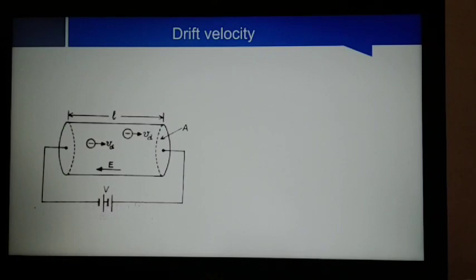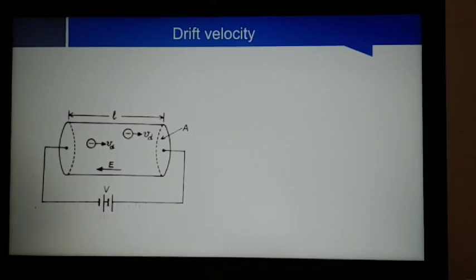So, a conductor with a potential difference across its ends. What will happen? That potential is applied across a length L. This potential difference acting through a length L can derive an electric field intensity.